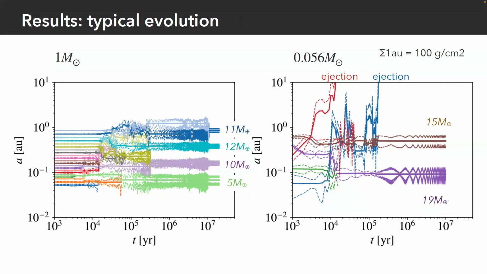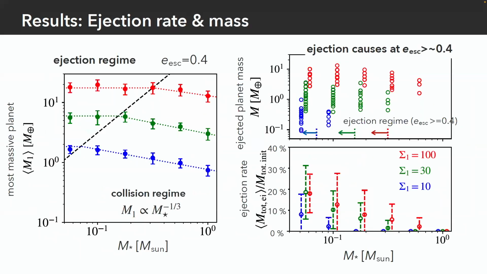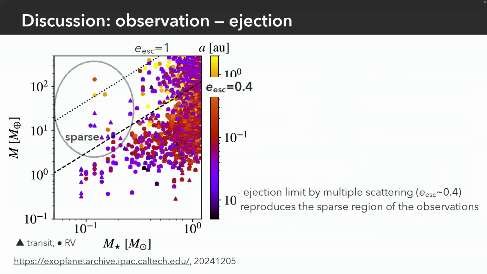But transit surveys have suggested planets. So I think we cannot find a bunch of planets around such cool stars, I mean 0.1 solar mass and smaller. That's why I think the sparse region seen in the diagram shown by Yuji is kind of real, especially for about 2 or 3 Earth masses. But for the normal ones, we don't know.